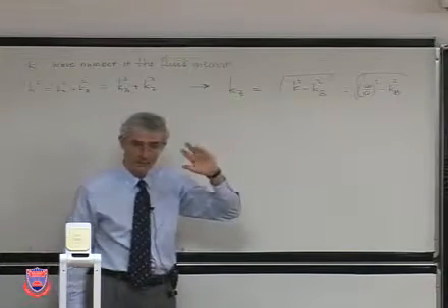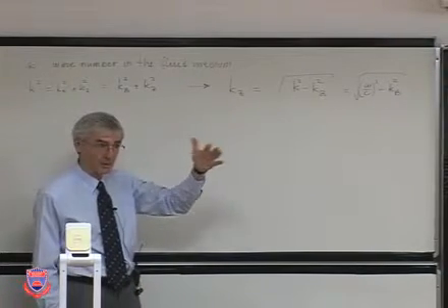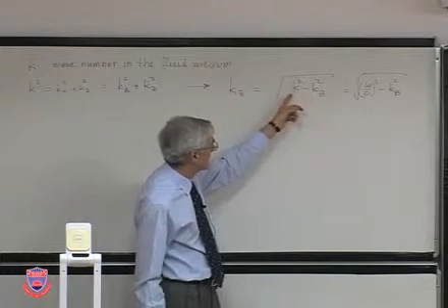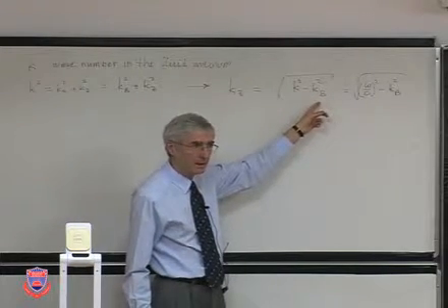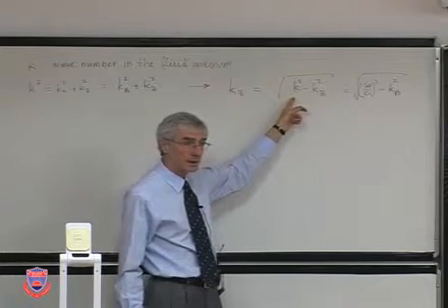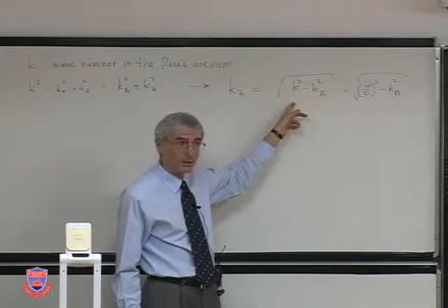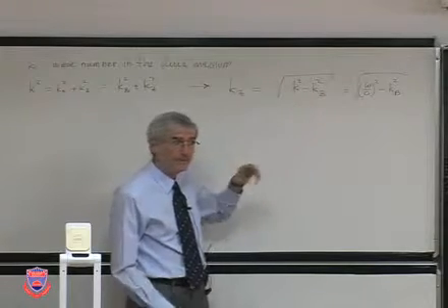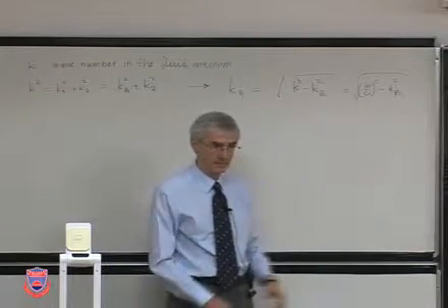Now you're seeing something strange, okay? Now we're looking at kb versus k. If kb is larger than k, then this is imaginary. What does it mean if it's imaginary? It decays, right?